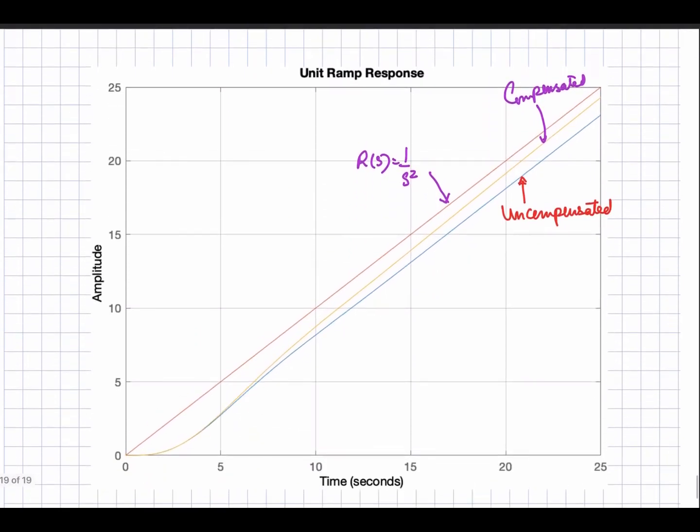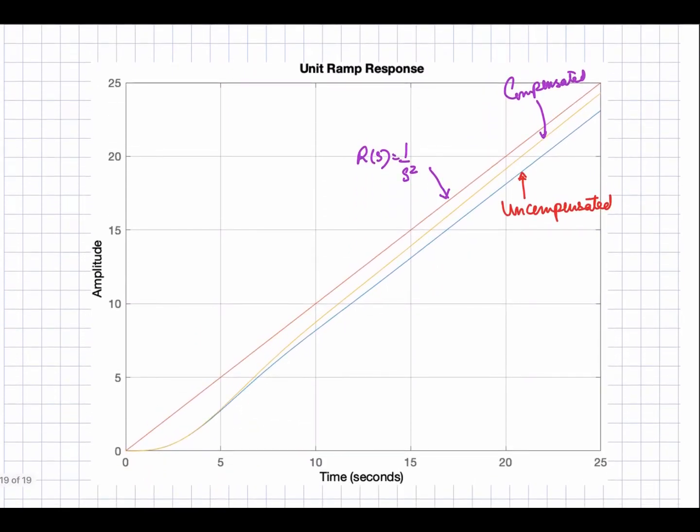If you look at the unit ramp response for this system, if you apply this unit ramp input, this is the response of the uncompensated system. Over here you can see the difference is high as compared to the compensated system.